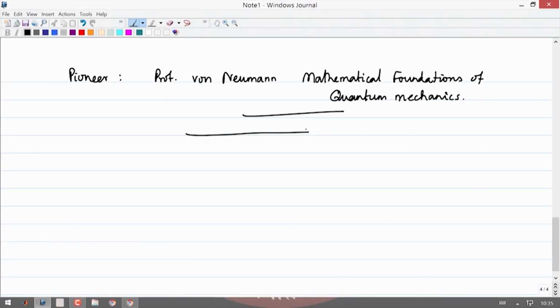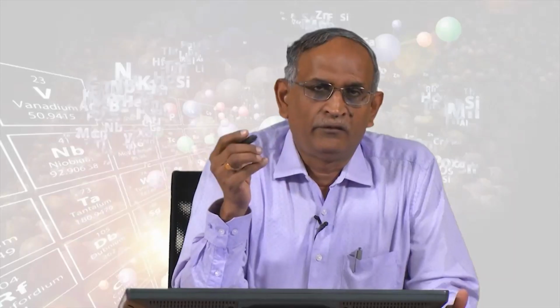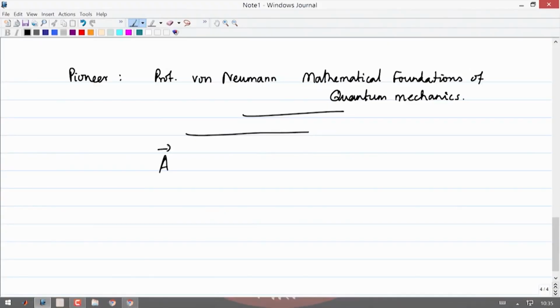Now let us start with very simple vectors in 2 dimensions. All of you know that if you write any vector A in 2 dimensions, you normally represent this vector by some arrow, and the arrow tells you the direction in which the vector is pointing, and the length of the arrow gives you the magnitude of the vector.